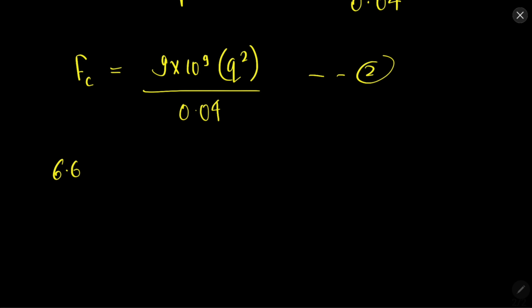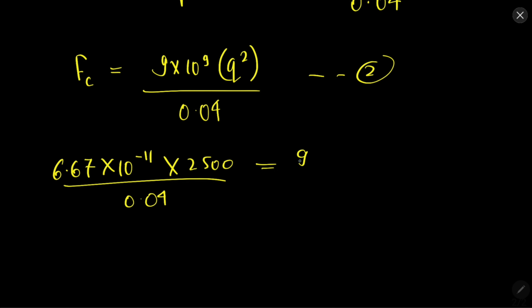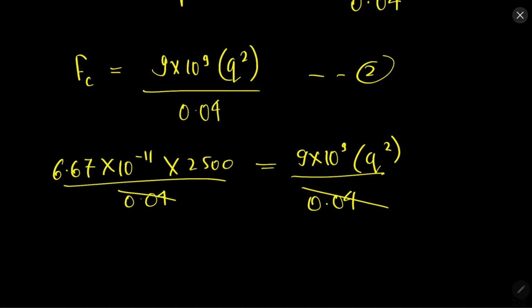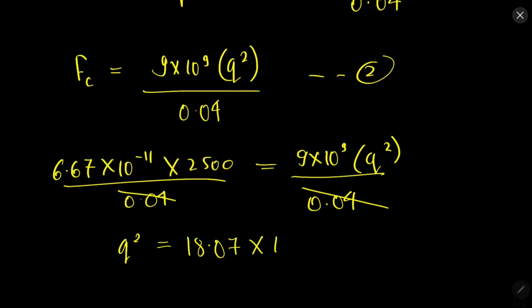So what we will have: 6.67 into 10 to the power minus 11 into 2500 upon 0.04 equal to 9 into 10 to the power 9 into q square upon 0.04. So this will get cancelled out. So ultimately q square will be equal to, once you solve this, 18.07 into 10 to the power minus 18.